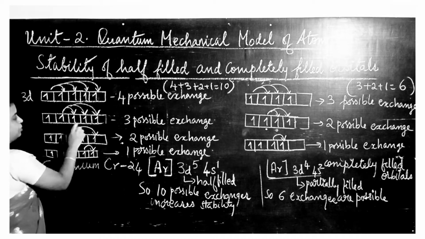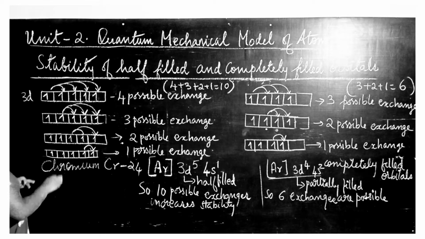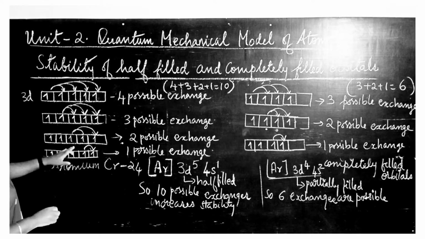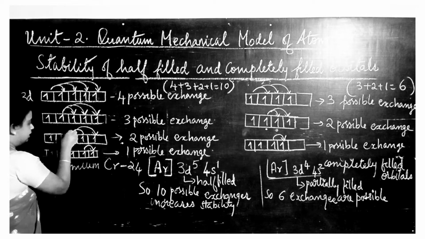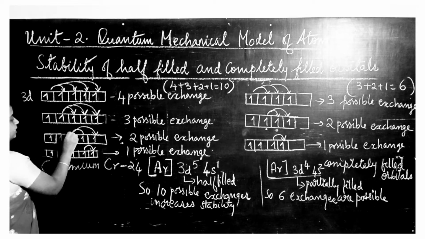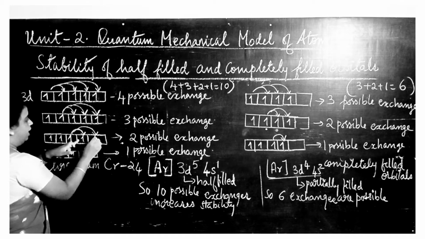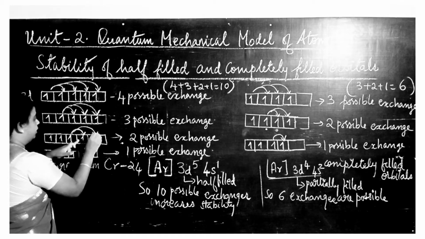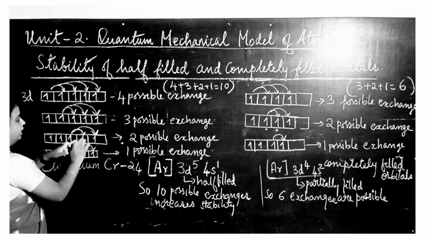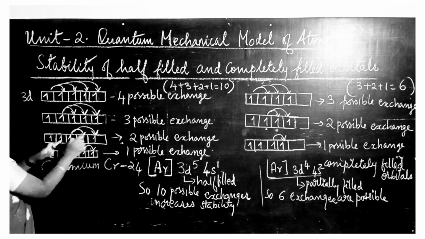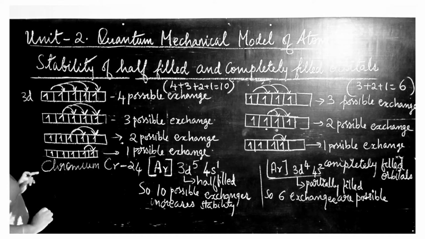So these are the 3 possible exchanges for the second electron. Now here in this 3d orbital, the third electron can exchange its position here and here. So two possible exchanges are seen in the case of the third electron.